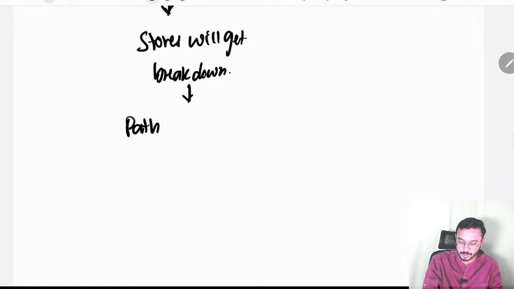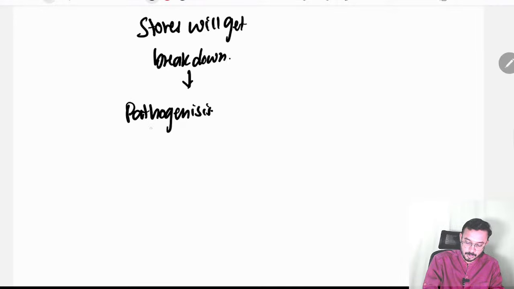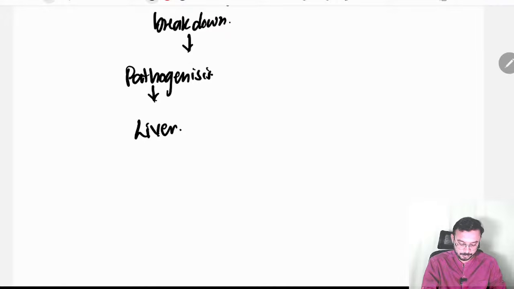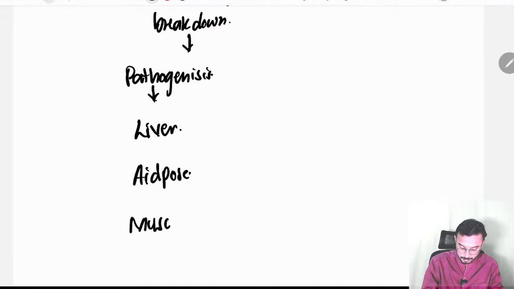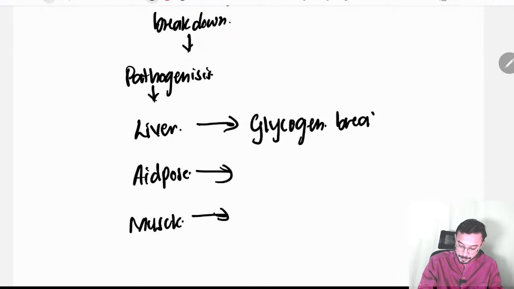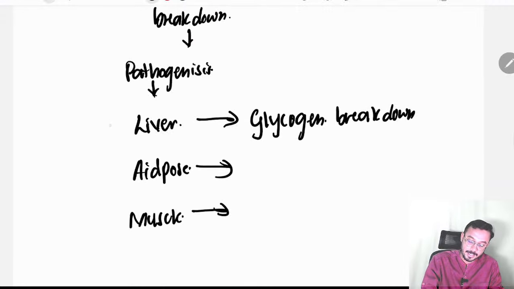Let me teach you about the pathogenesis here. So look at this, liver. I taught you glucose is stored in the liver, adipose tissue and muscles. In the liver, glucose goes in and becomes glycogen. Liver is a glycogen store, no? So there will be glycogen breakdown. Why is it breaking down? There is an increase in catabolism.